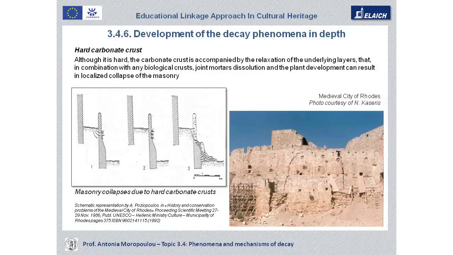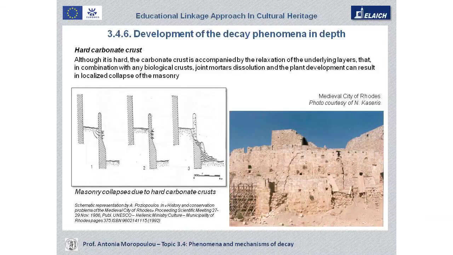Other crust phenomena, like the hard carbonate crusts, which are developed by acid rain dissolution and recrystallization at the outer surface of calcite, are followed by the masonry collapses we might see here in the masonry structures of Contrascarpa, of the fortification of the medieval city of Rhodes.